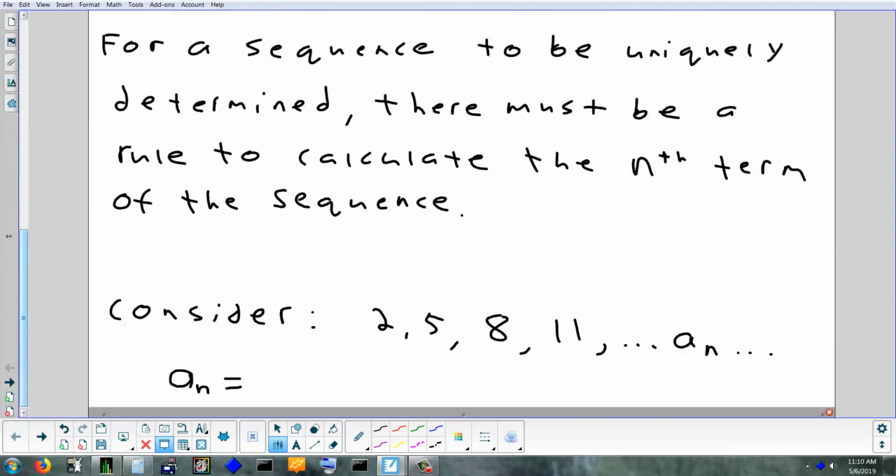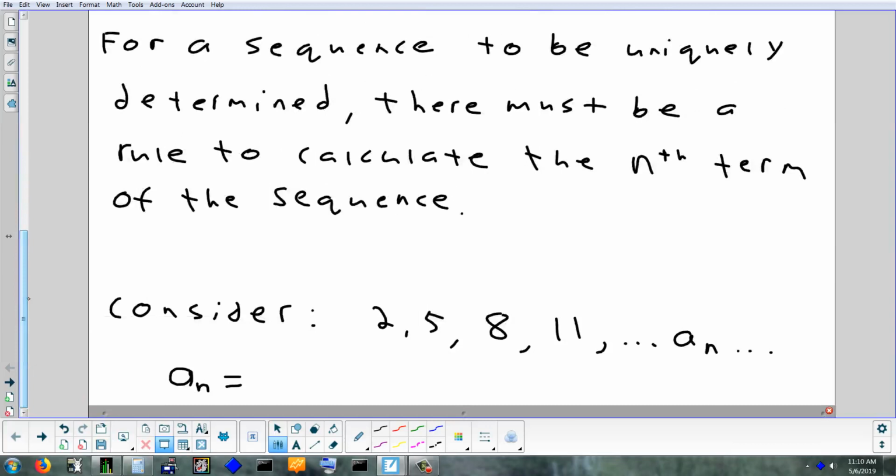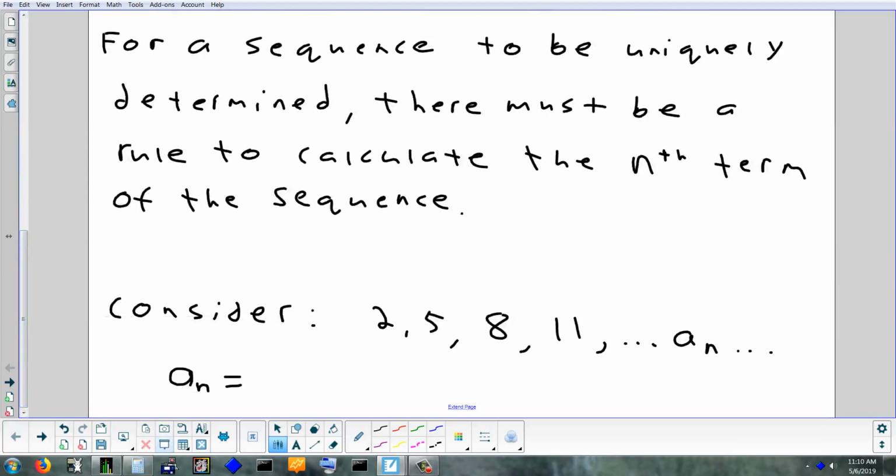So let's look at this sequence. 2, 5, 8, 11, ... Then there's another nth term, and then ... So this would represent an infinite sequence. It just keeps going. Does anybody see what the pattern is here?